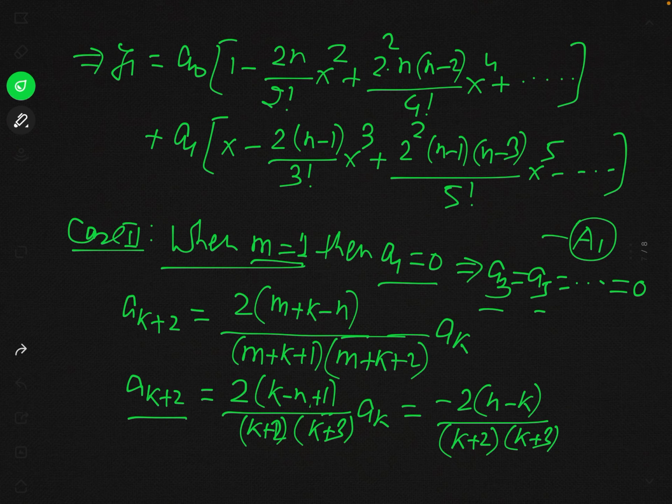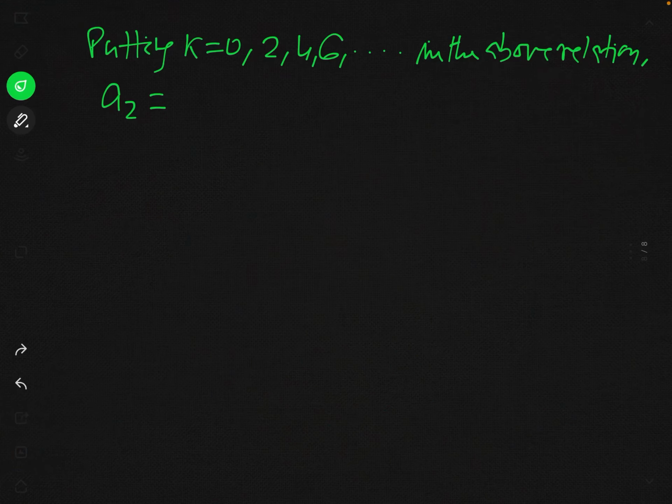So when we take this minus as a common factor, then there will be minus k and minus 1, 2. This will be minus 1. So when we take k equal to 0, the coefficient will be minus 2 times n minus 1 over 2 times 3. Now substitute this value.